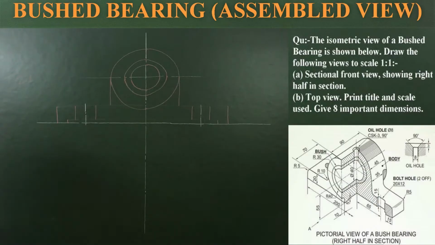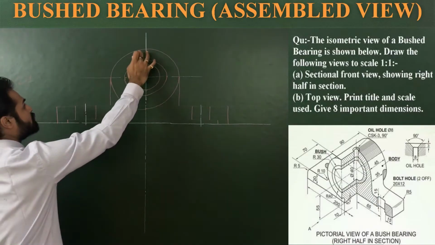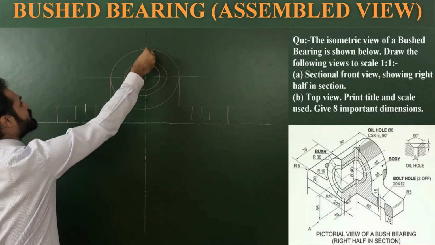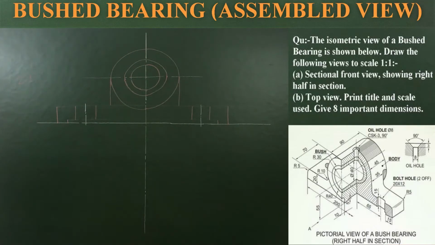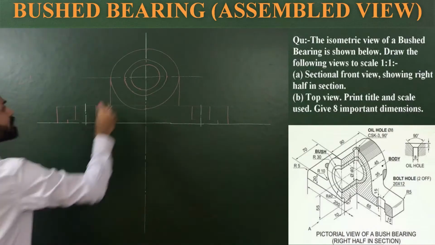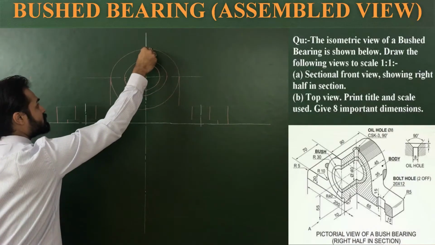Now next element, oil hole. Oil hole on the body, on the upper cylindrical part. So from this point, the given values are 3, 8 and 90. Oil hole, diameter 8. So central diameter of size 8, then CSK 90.